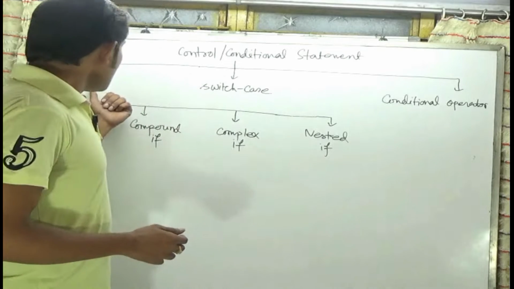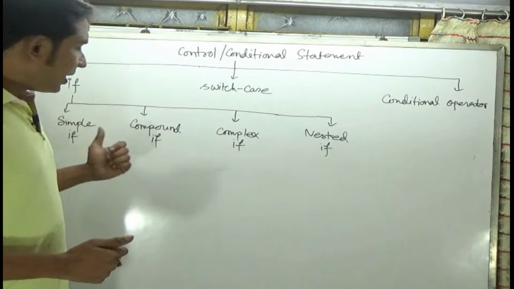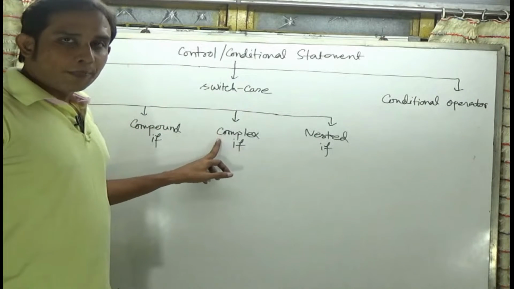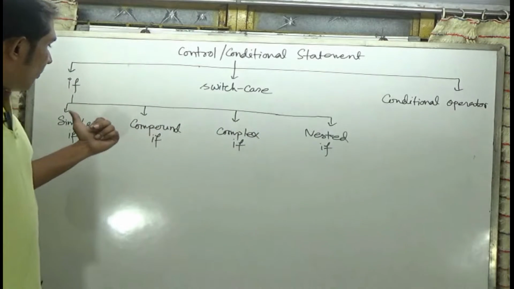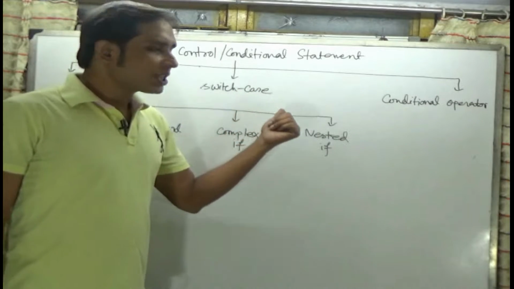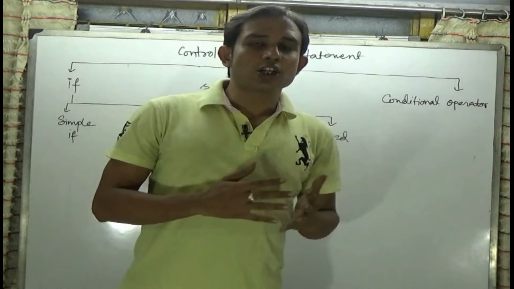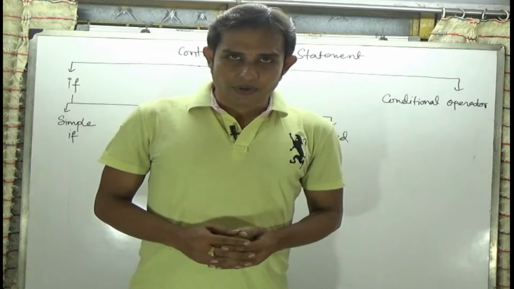Again, the if statement is categorized in four types, and they are simple if, compound if, complex if and nested if. So by using all these types of if and switch case and also a conditional operator, or any kind of these, we can control the flow of a program.